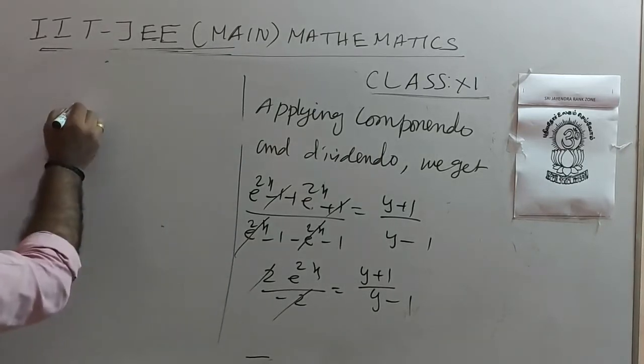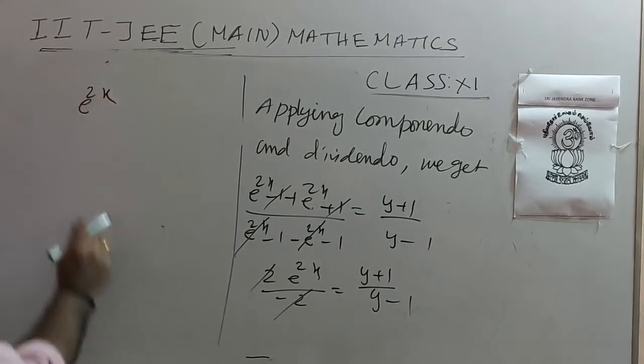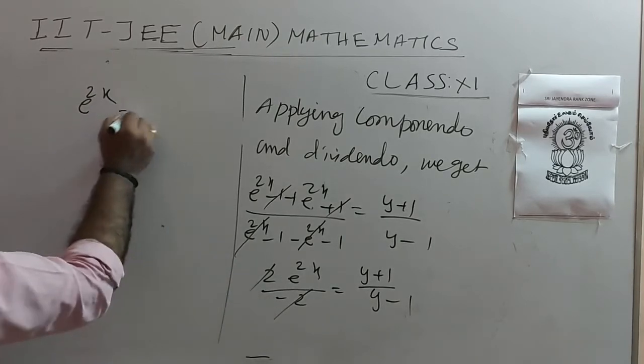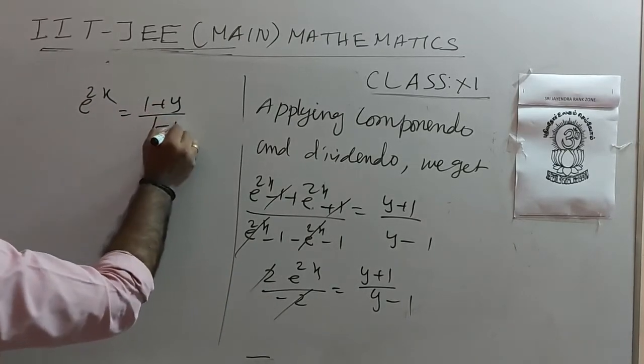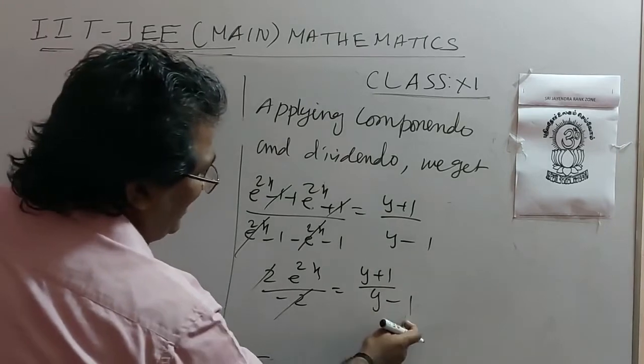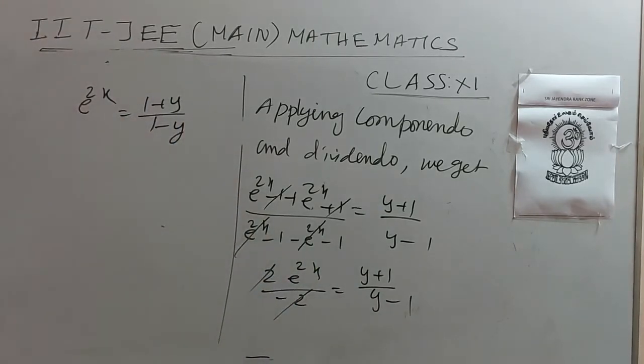So e power 2x equals 1 plus y by 1 minus y, eliminating the negative sign.